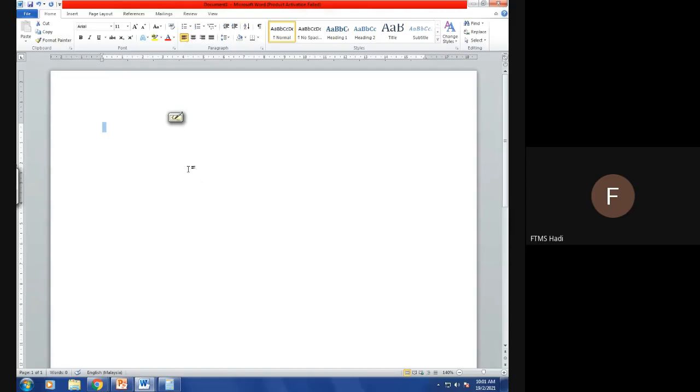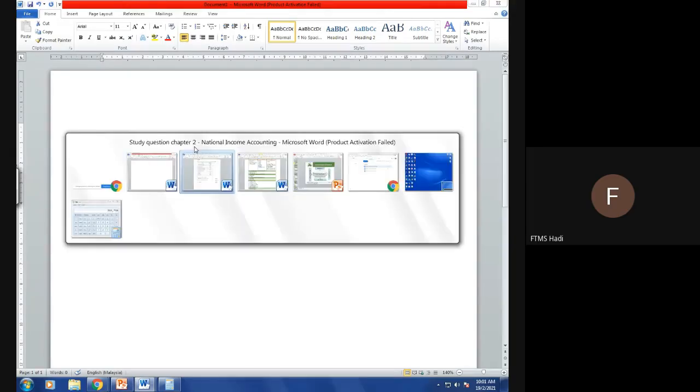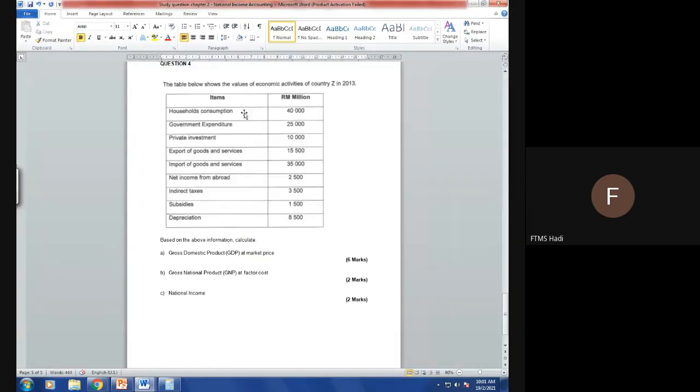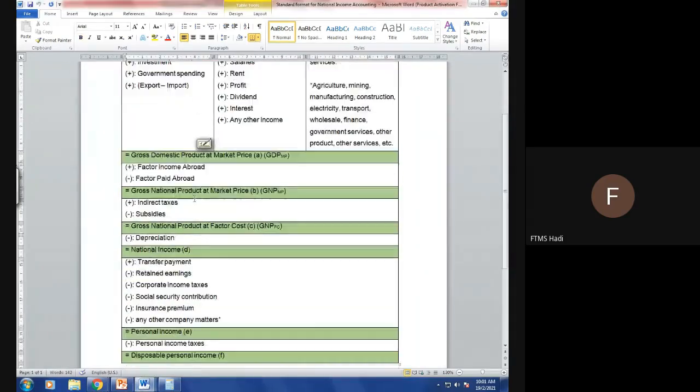Okay, so this one, you see, household consumption, and so on. Tips to tackle this kind of question: you need to remove or exclude first the down part, that means this part or this part, before you tackle the upper level.